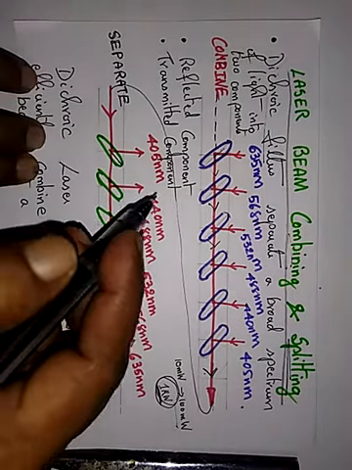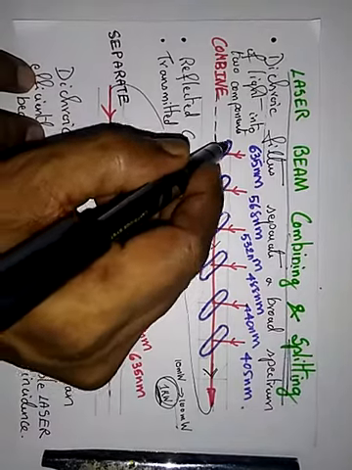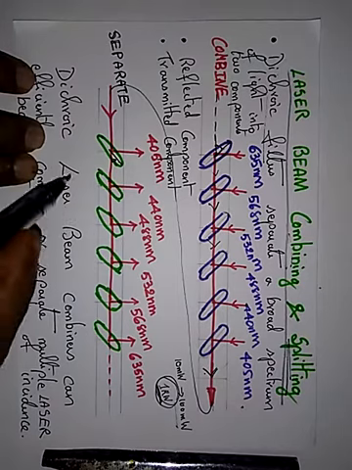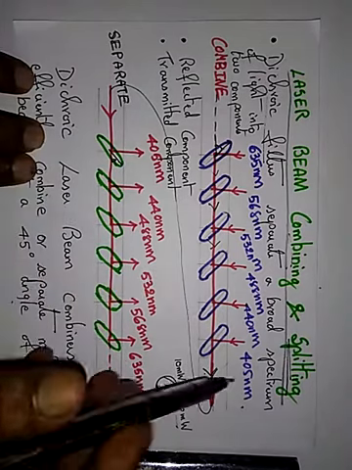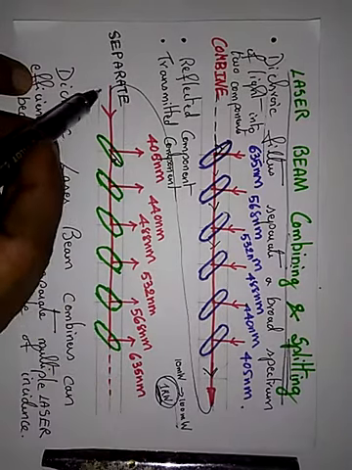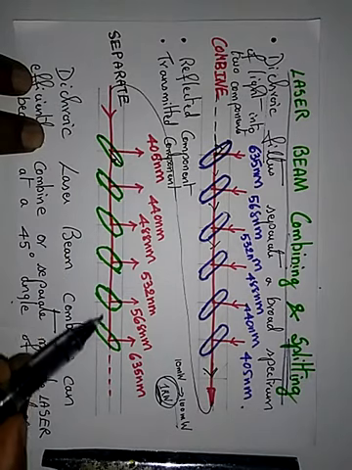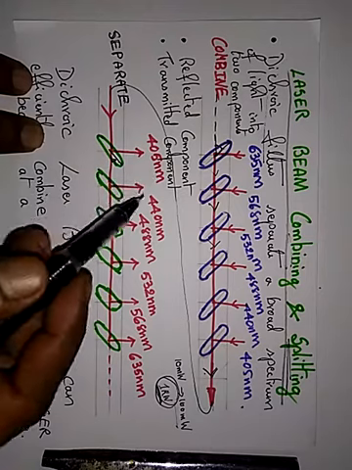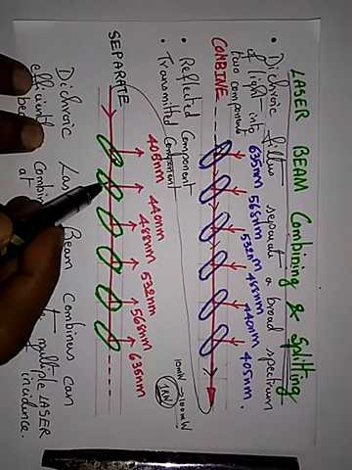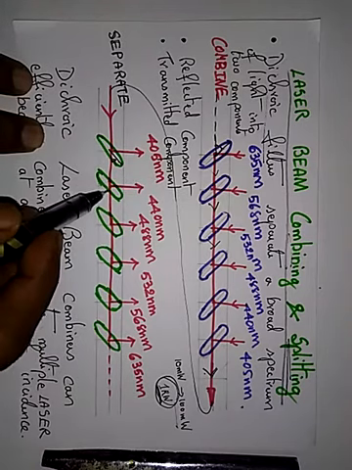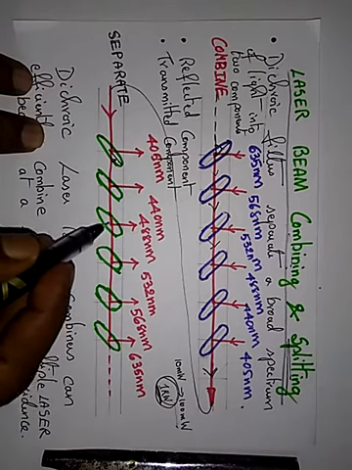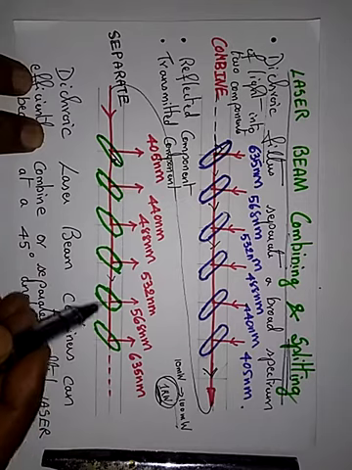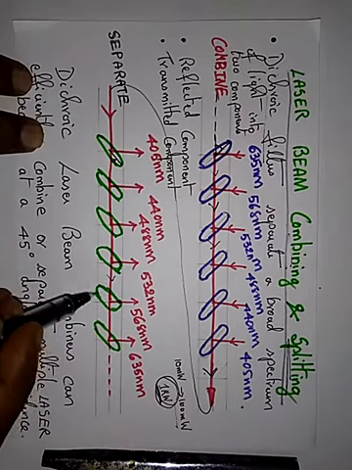When all these wavelengths are combined and the output comes here, and you allow it to go through these dichroic filters, first 405 nanometer is separated, then 440 nanometer, then 488 nanometer, then 532 nanometer gets separated, and the remaining wavelengths go on, that is 568 and 635.